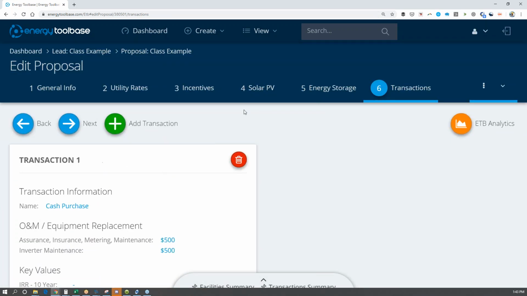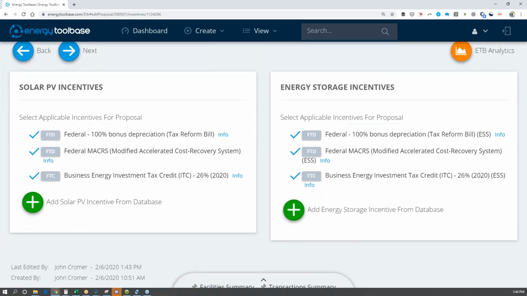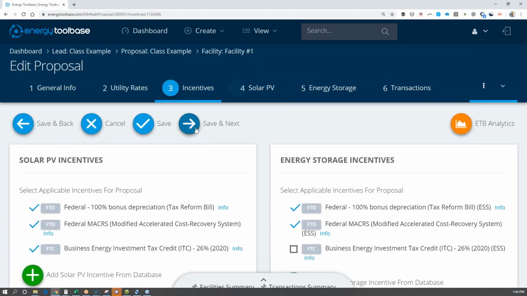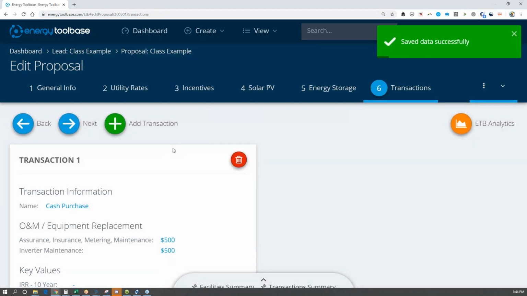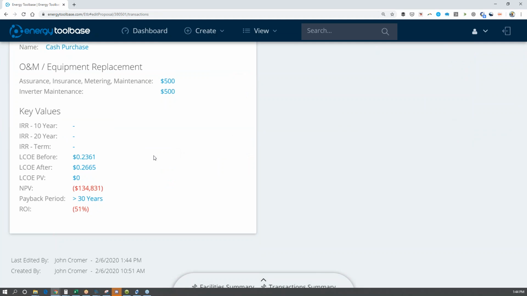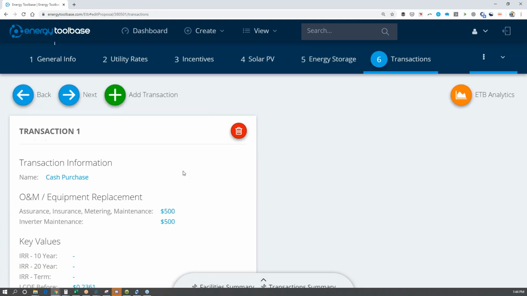We then want to go in and make sure that, because we've gotten rid of the solar array, we can still apply depreciation, but we're not going to apply the energy tax credit. And then we go back and look at our payback period, and it's off the chart.